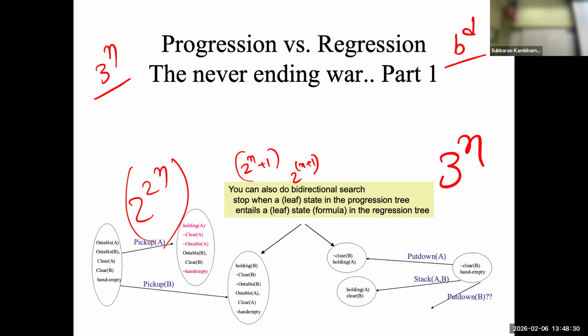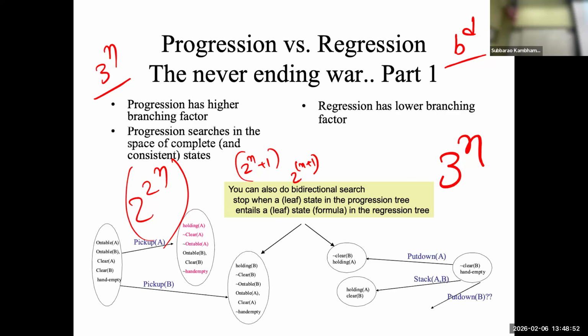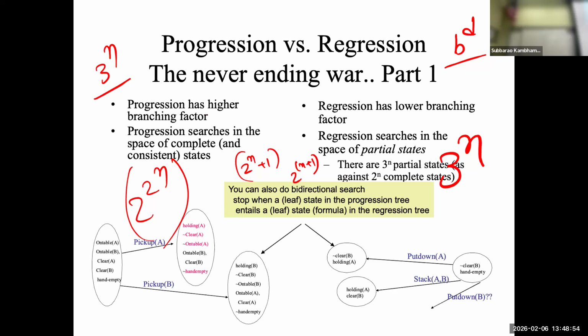But it could still be the case that in practice regression takes more time in search, because it has problems like dead states that you can only recognize by doing reachability analysis. And reachability analysis, if you do it fully, is as costly as planning. So that was something to keep in mind.